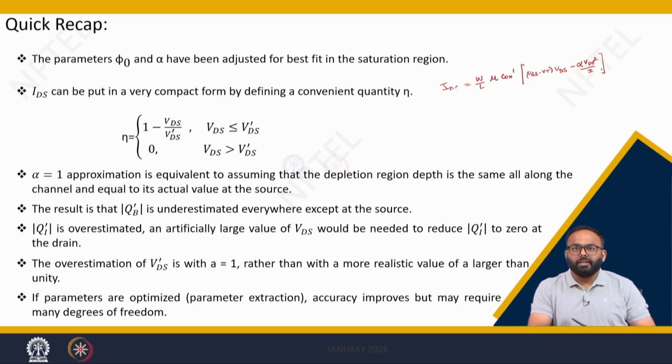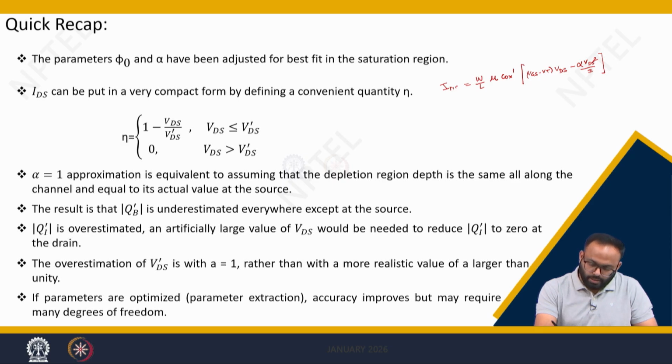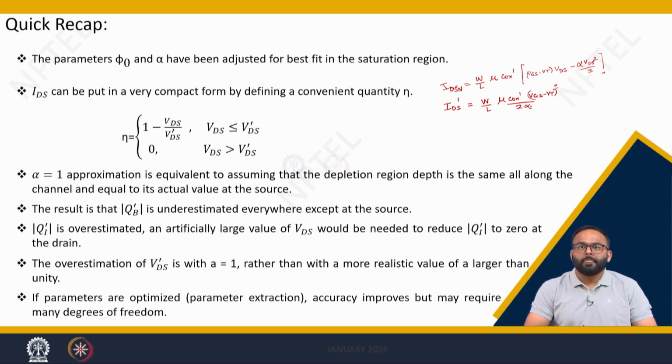This was defined in strong inversion region of operation, and this current is nothing but IDSN, which is the non-saturation current. We also said that the current beyond a pinch off voltage gets saturated, and it was defined as IDS dash, which was given by W divided by L mu into COX dash VGS minus VT whole square divided by 2 into alpha, right?